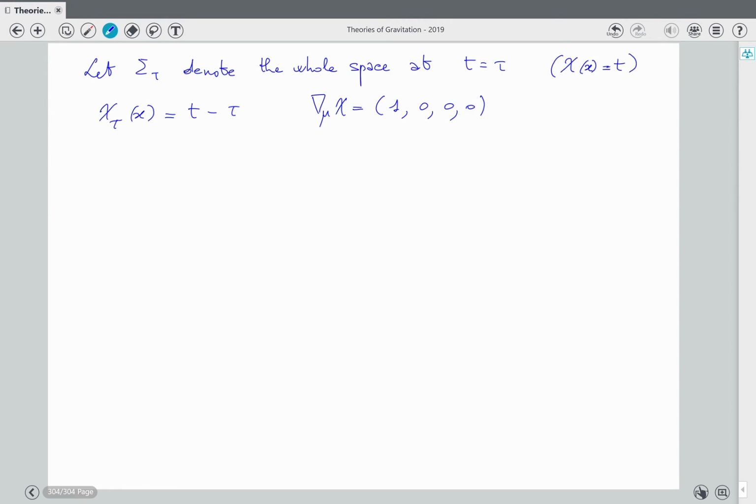So we need delta mu such that delta mu del mu chi is different from 0. So we choose the simplest option, which is this.